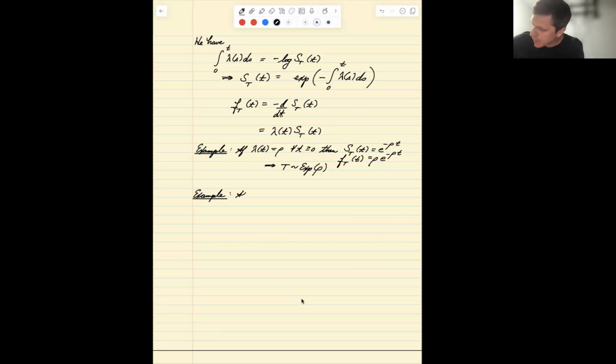And if T is memoryless, then the hazard starts over at every point in time, meaning that the hazard at any given time t has to equal the density at time 0 for all t.